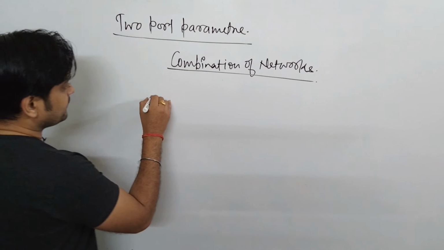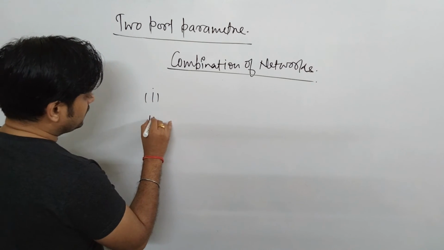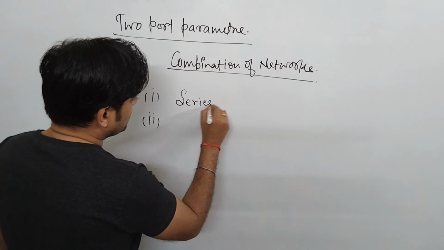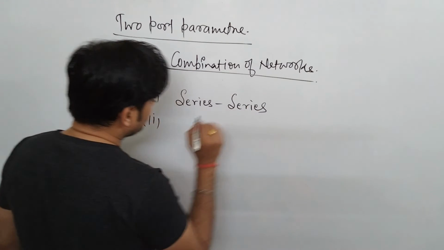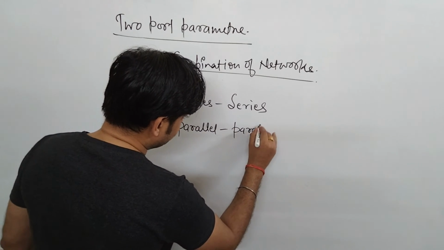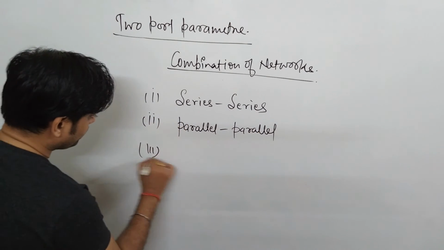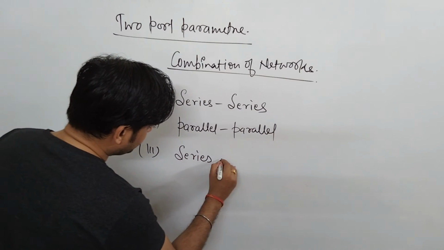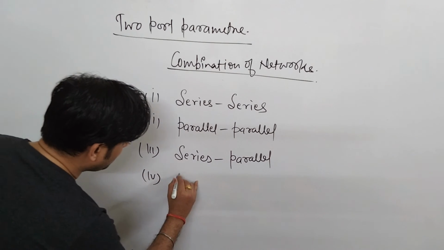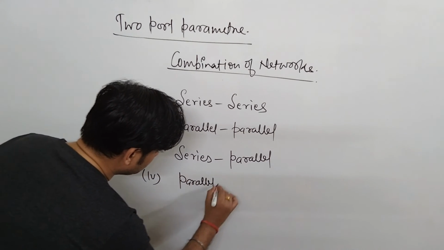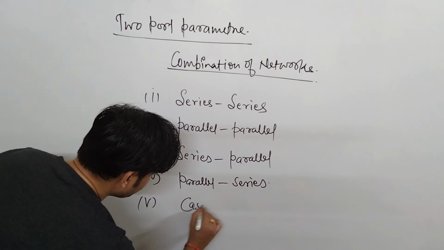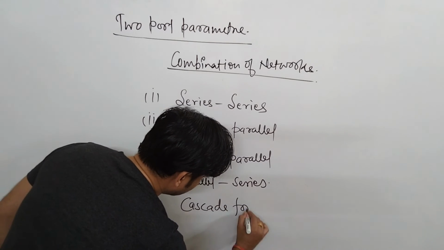Combination of network, it means when two different networks are connected in, say, series form, when two different networks are connected in parallel form, when two different networks are connected either in series parallel form or in parallel series form, and if it is connected in cascade form.